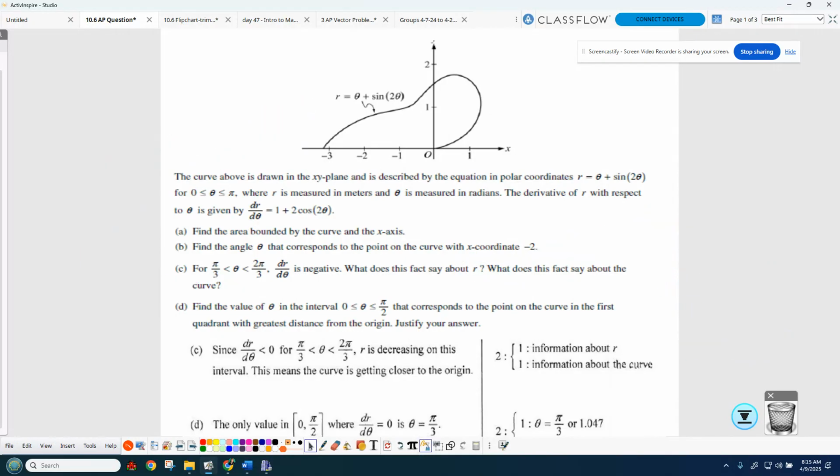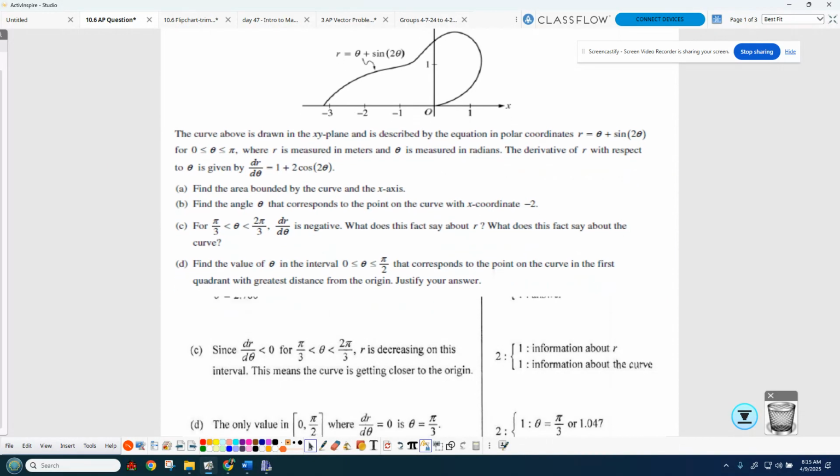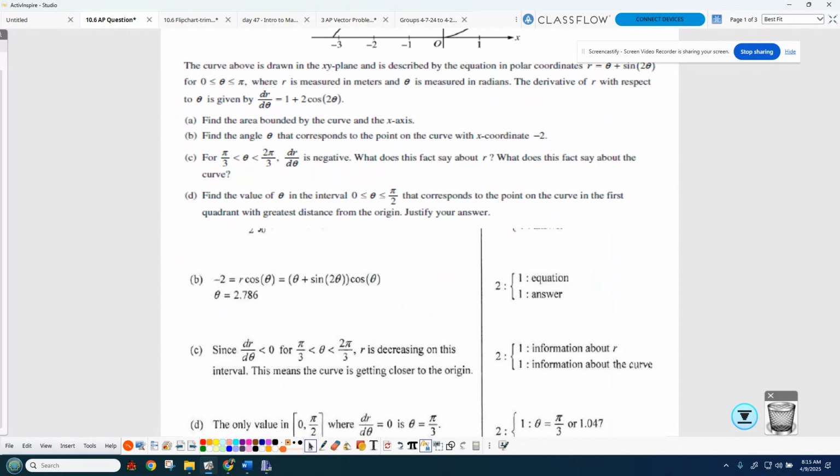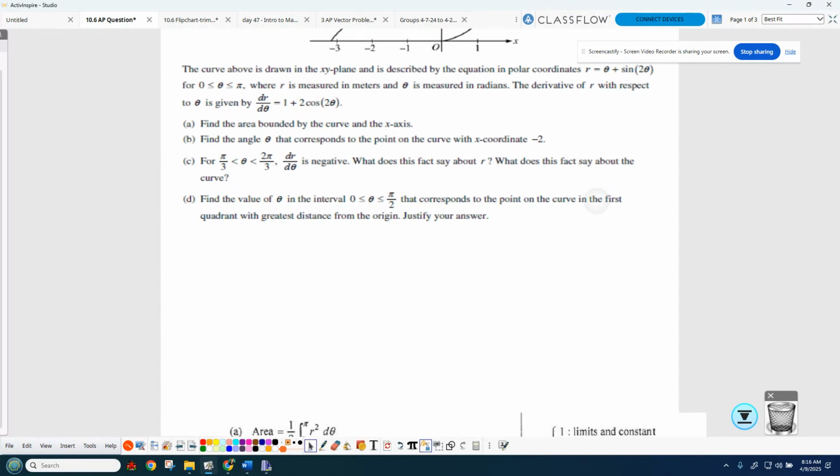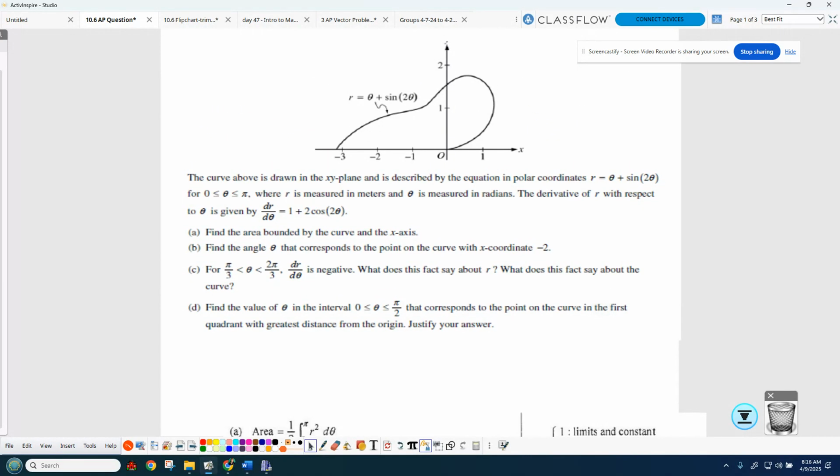All right, part D. Find the value of theta from 0 to pi over 2, so not the whole thing, so that the point in the first quadrant has the greatest distance from the origin. What do I do?